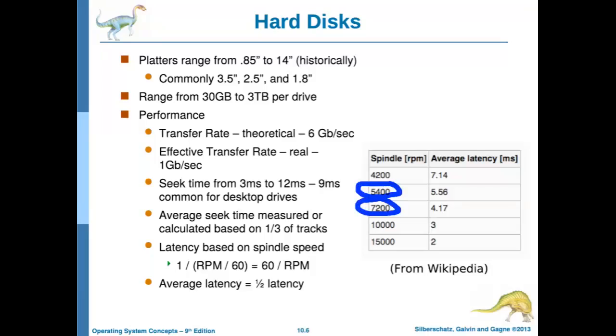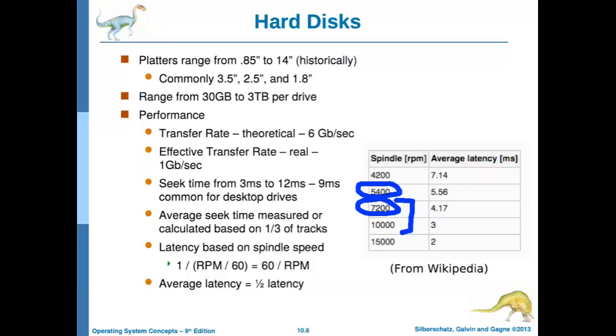Even earlier there was 4200 spindle speed. If you think of desktops, it's something like 7200 up to 10K, and with server SAS controllers, 15K speed is also possible, where latency is reduced.